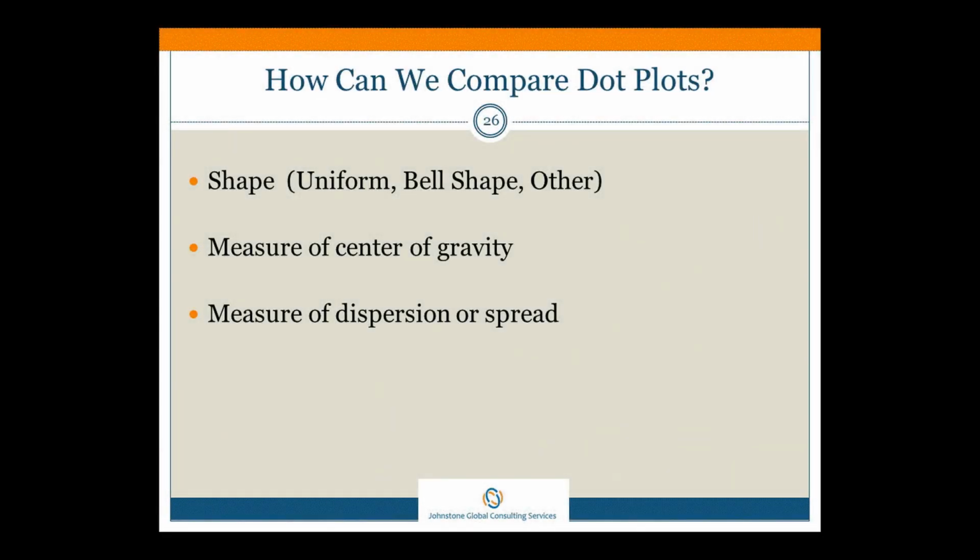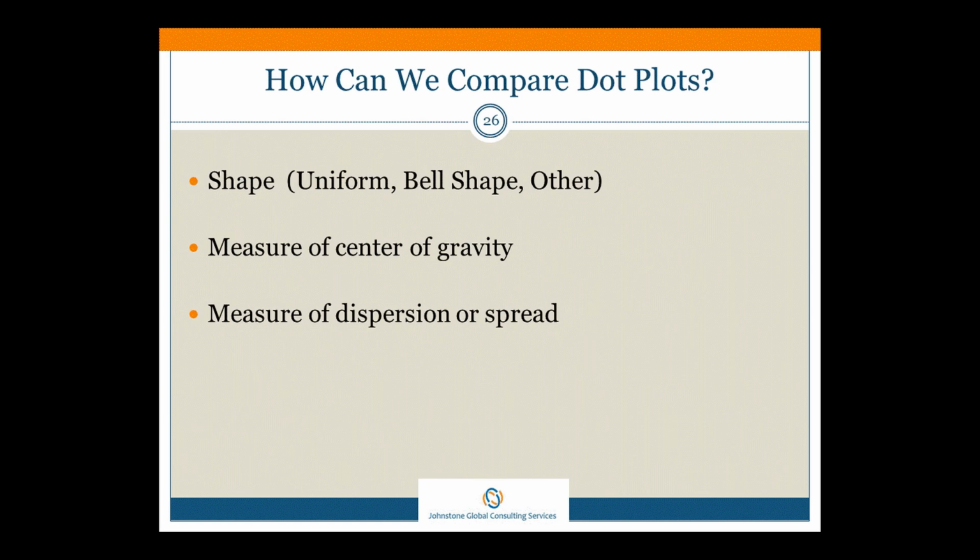Dot plots help us compare the shape of a distribution, compare measures of the center of gravity, and see how widely spread or dispersed the occurrence of these values is.